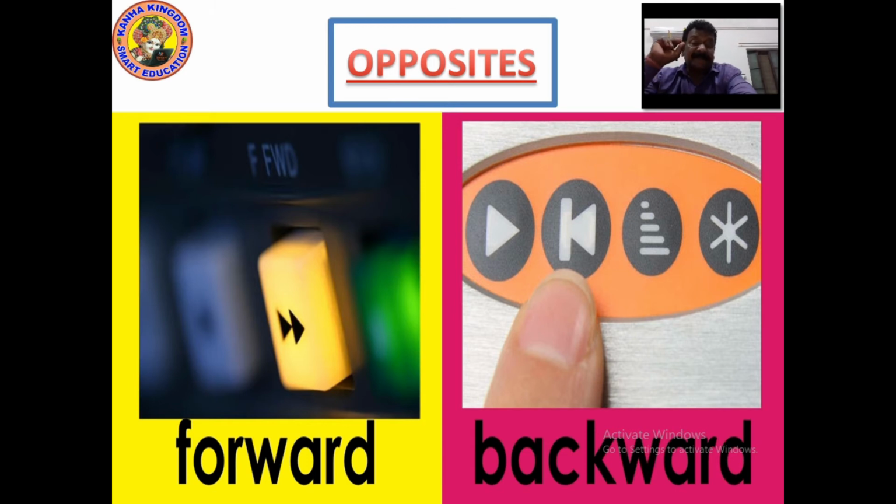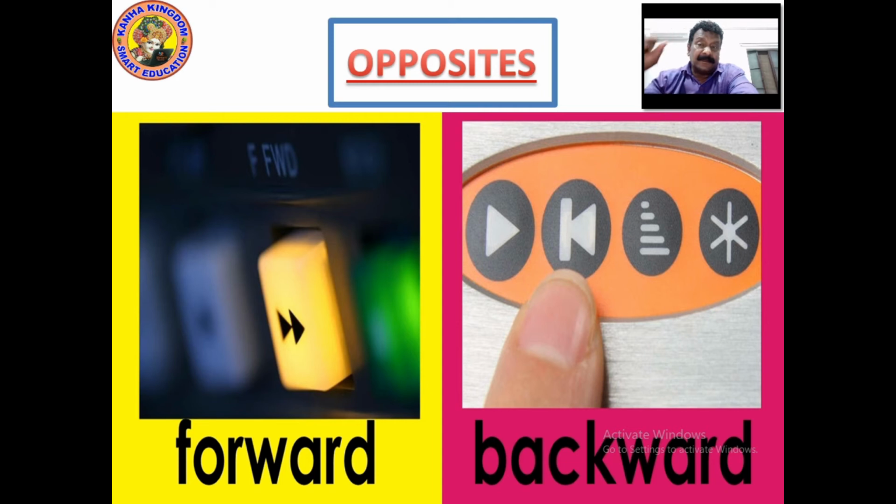Forward means something which we are playing and we are moving forward to look at something which is ahead, which has not yet been seen. The thing in the next clip, the thing which is going to be seen after some time. If you want to reach there fast, you have to forward it.